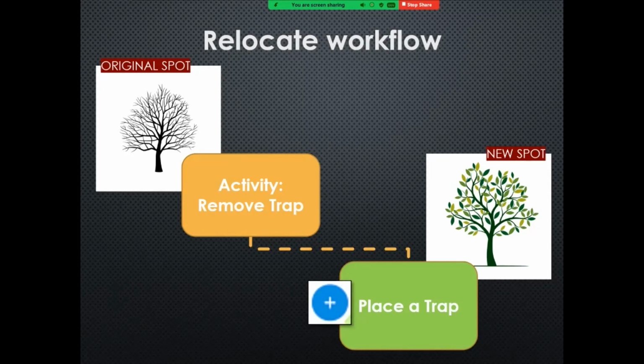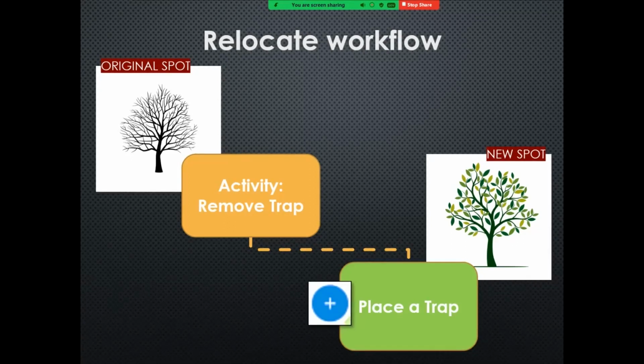So the first thing you have to do is remove that original trap. You select that original spot on the map, and you perform a data entry of a trap activity, which is remove the trap. Then officially, as far as data entry is concerned, that original trap has been removed. What seems tricky to some people is that you expect that if you enter remove, that location on the map will disappear, and that is not the case.